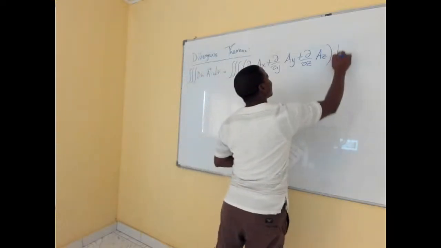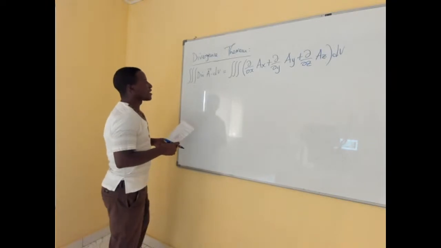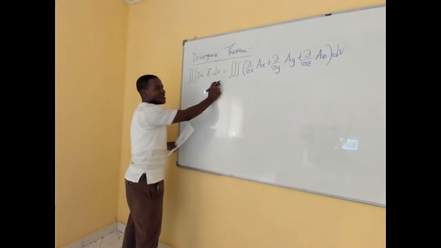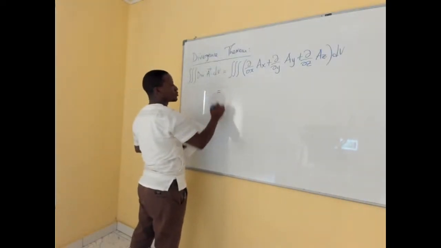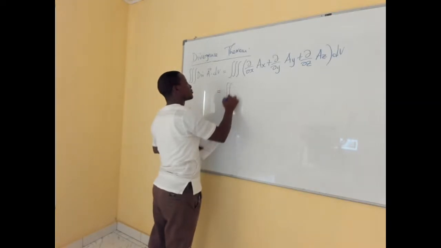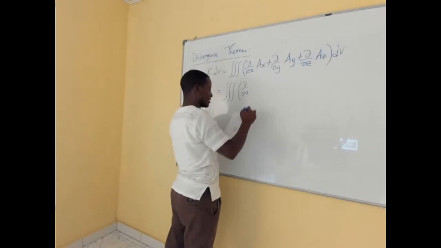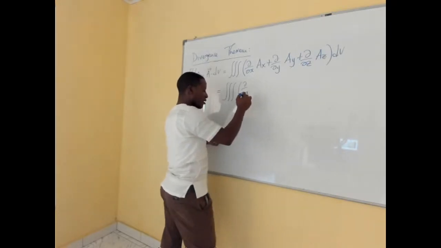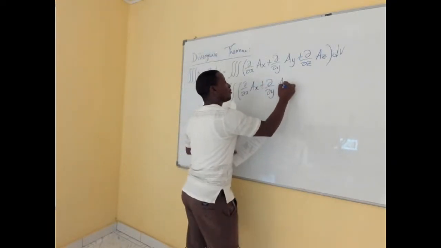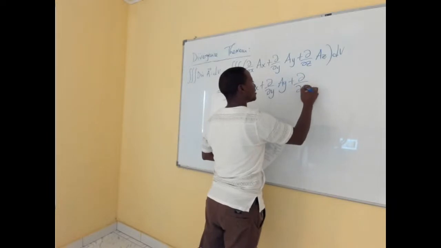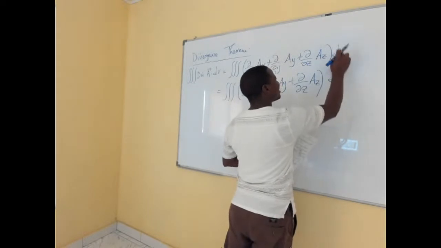Now, straight away, we know that this one we already have. So we now need to reduce the right-hand side. So we have to expand it, and then what we find is that this is our x of Ax plus our y of Ay plus our z of Az. Then this is dv.